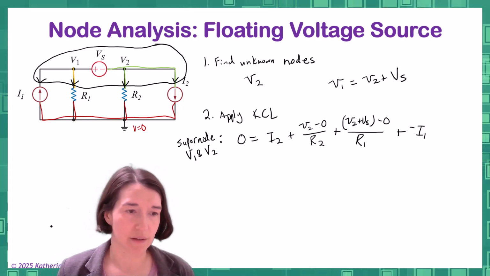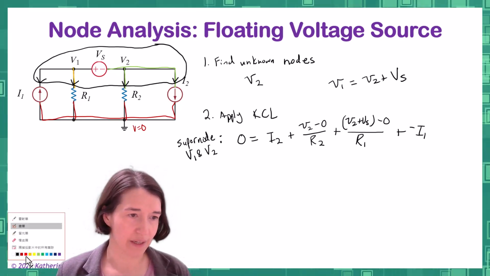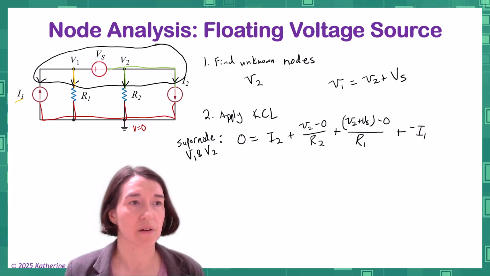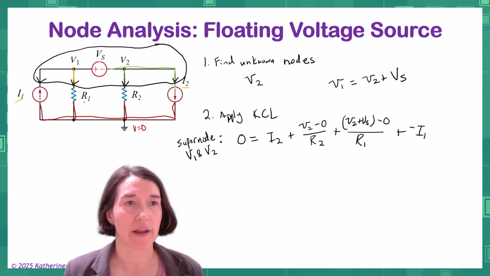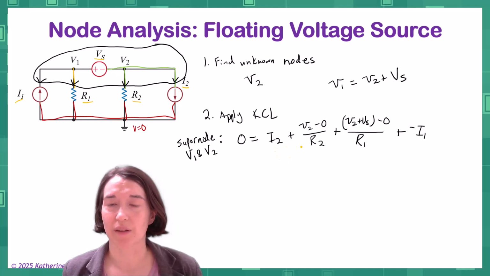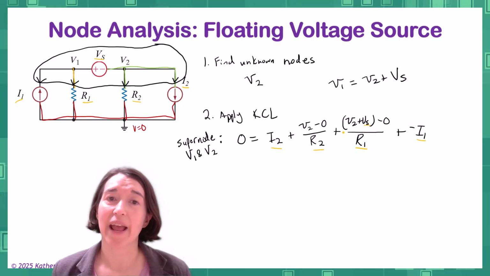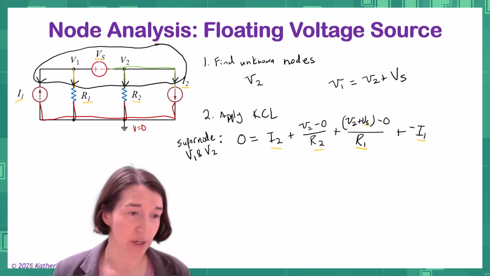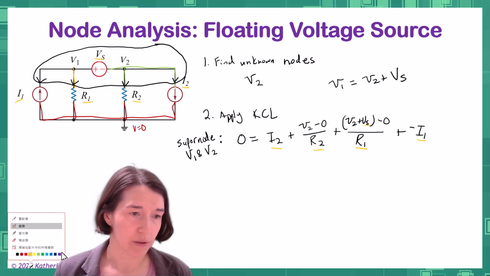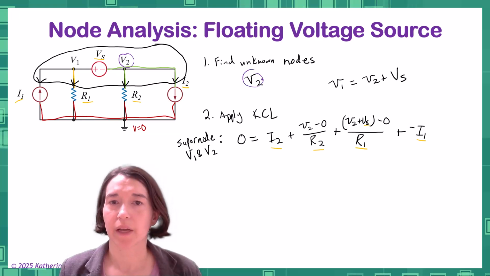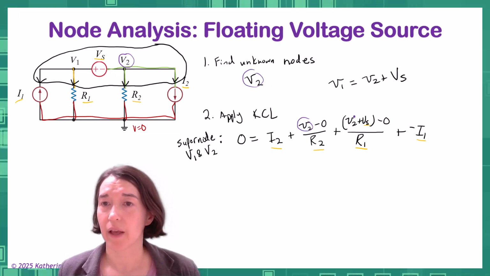So you can see, and we'll make it really clear, our known values are these currents and the voltage source and the resistors. These values are all known. And our only actual unknown, I'll put this in purple, is V2, and we can see that we have that here and that here.